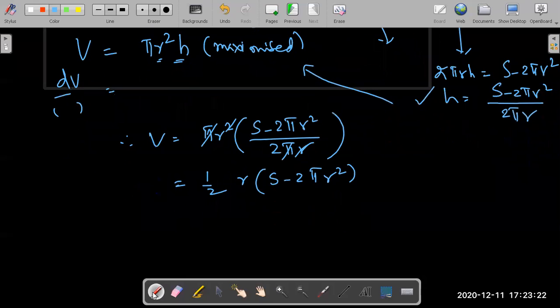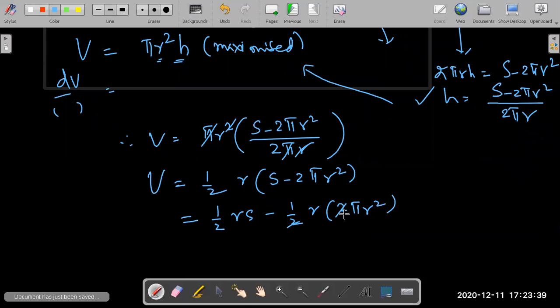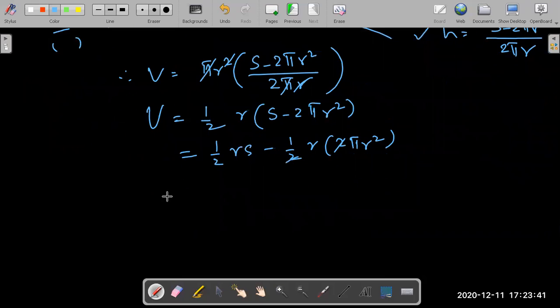So this is the volume with only one variable r. You can open this bracket and write half into rS minus half into r into 2 pi r square. So the 2 gets cancelled, and we have V equal to half rS minus pi r cube.